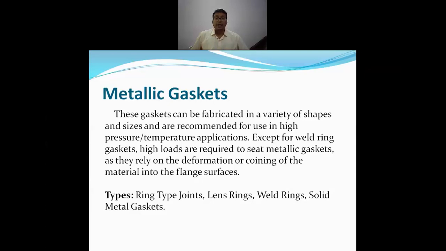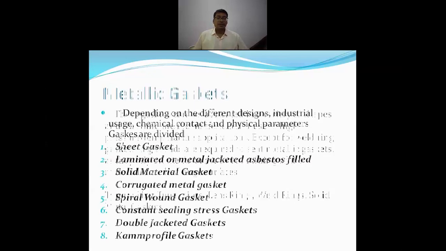Then and only then these soft metals will get deformed and will occupy the pores and voids between the two hard flanges. Ring type, lens ring, weld rings, metal gaskets come into this category.